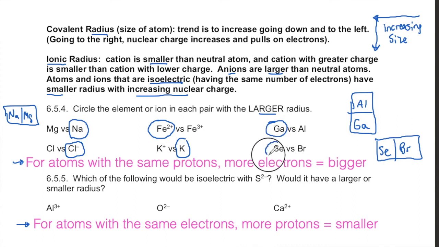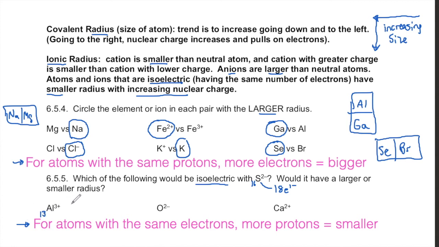Selenium should be larger. Okay, this next question we're looking at which of these would have the same number of electrons as a sulfur anion. So sulfur is atomic number 16. A sulfur anion would have 18 electrons. Let's take a look at the number of electrons in all of these. Aluminum is atom 13.